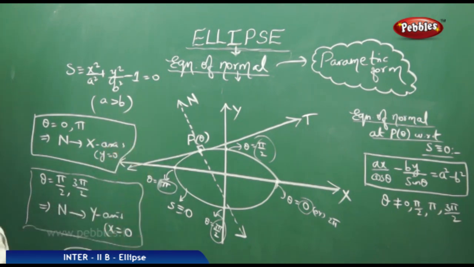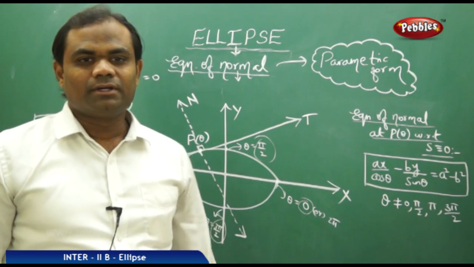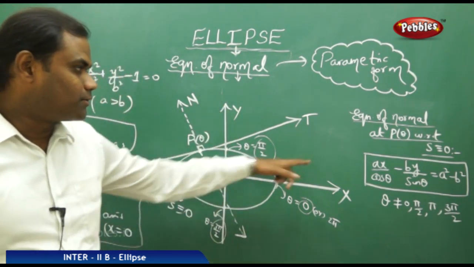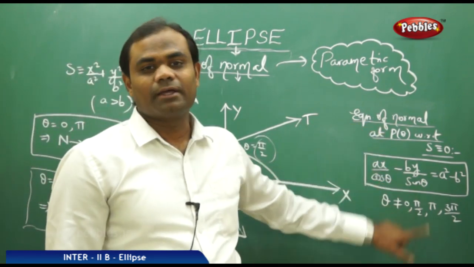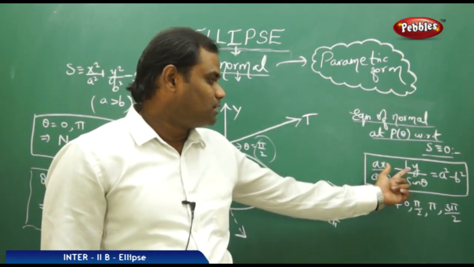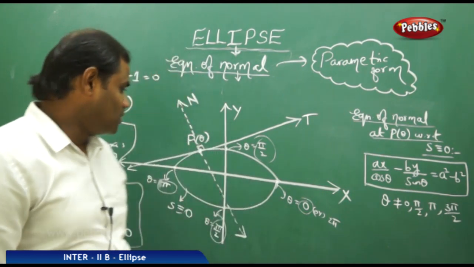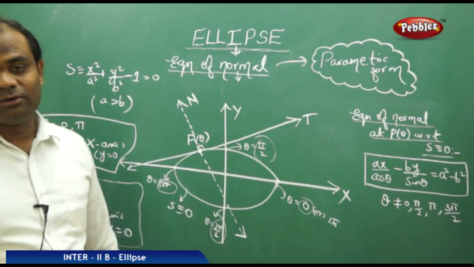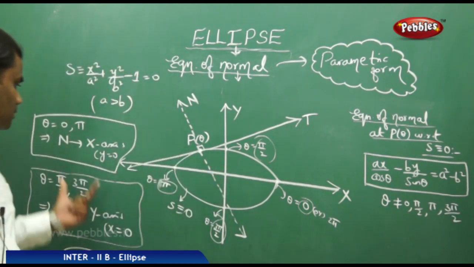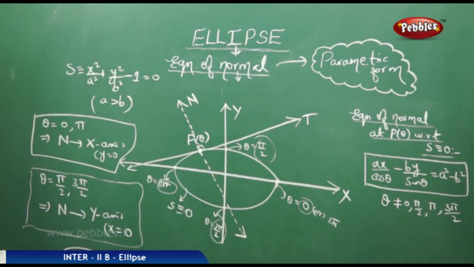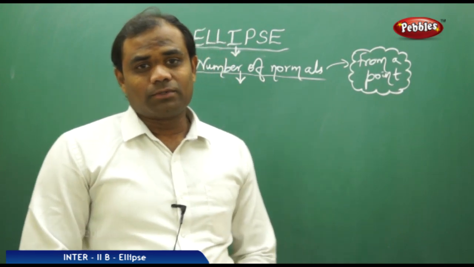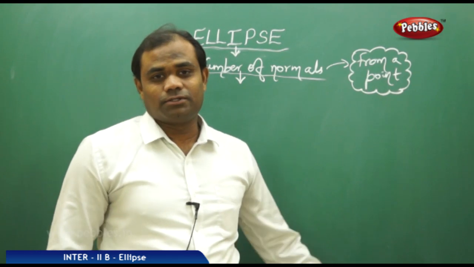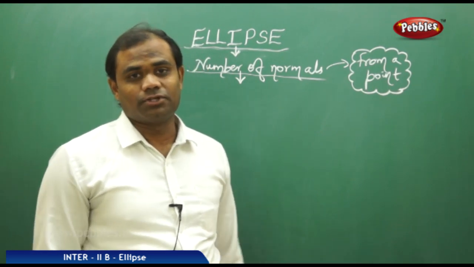That's how we understand the difference between the special cases and the general equation of the normal, which is given by ax by cos theta minus by by sin theta equals a squared minus b squared at this parametric point P of theta, with these two being the special cases. It is mathematically proved that there are 4 normals which can be drawn from a point to the ellipse S equal to 0.